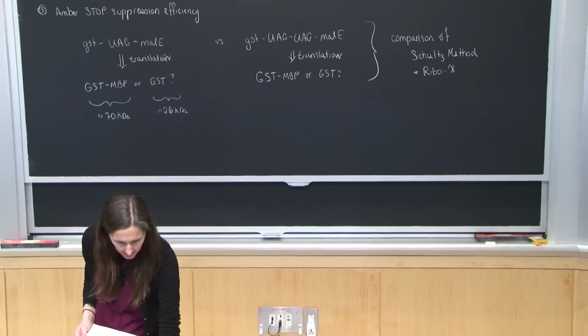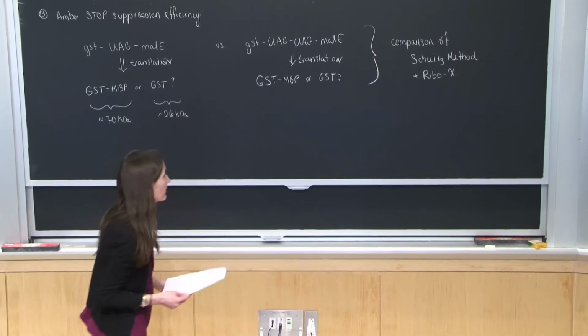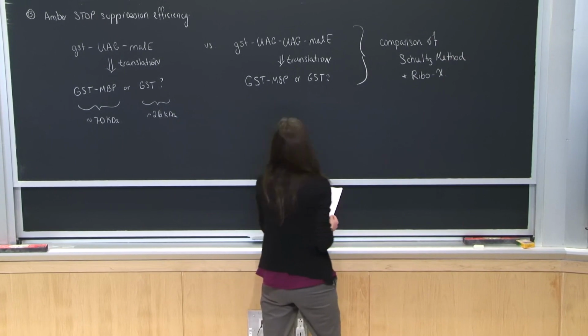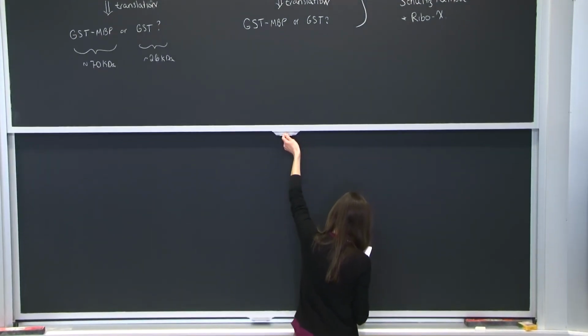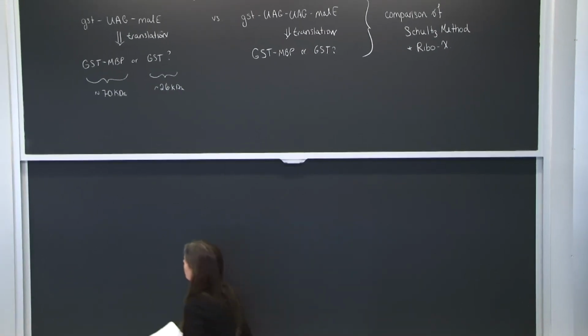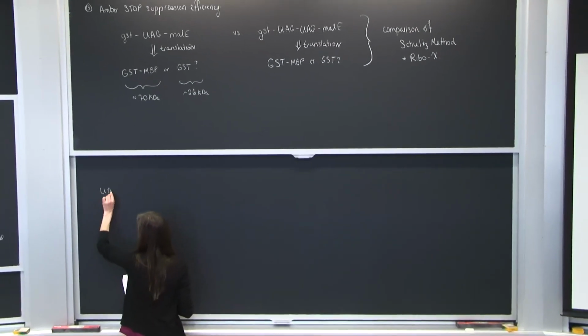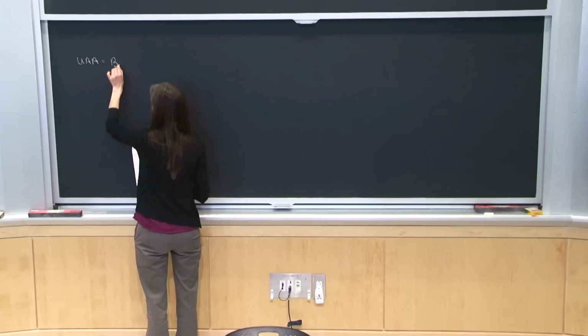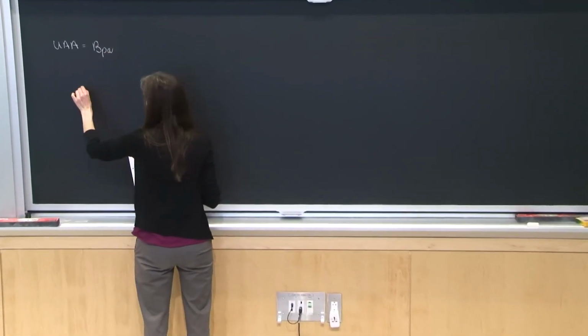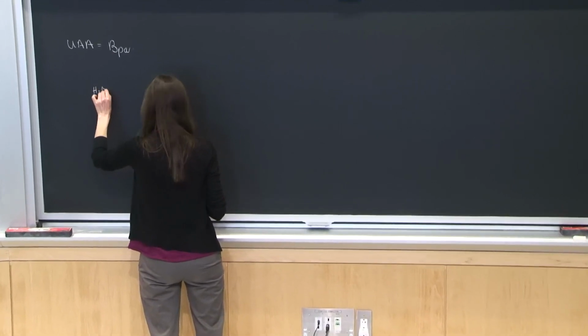So what are the data? And what was the unnatural amino acid employed? So they ended up using an unnatural amino acid called BPA, which is a benzophenone, so a cross-linker.